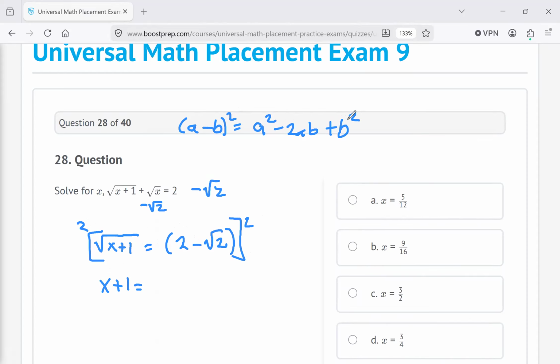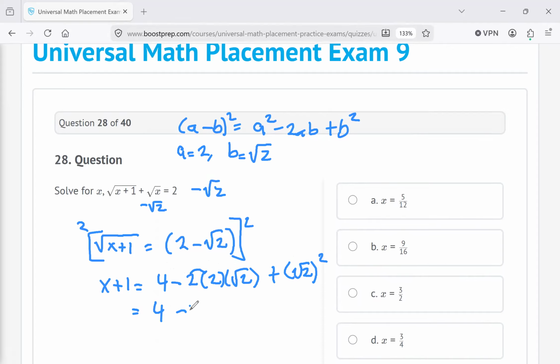So my a is 2 and my b is radical 2. So that's 4 minus 2 times 2 times radical 2, plus radical 2 squared, and then we have an x plus 1 here.